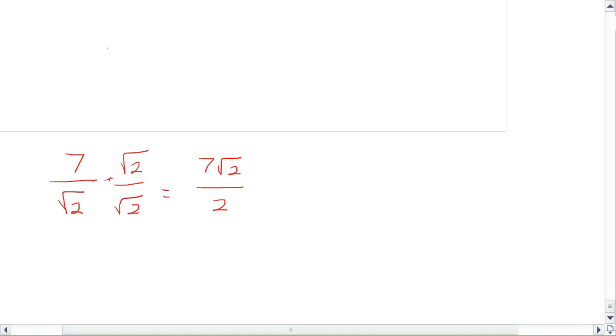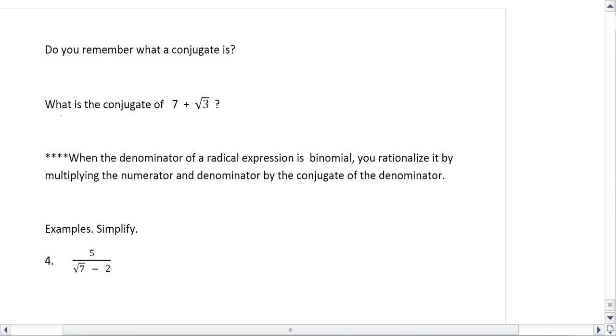Well, now in this section, we have a denominator that has a square root in it, but it's a binomial. So this requires a little different skill. Our problems are going to look like here in example 4, where we don't just have a plain old square root 7, we have square root 7 minus 2, and this is a number.